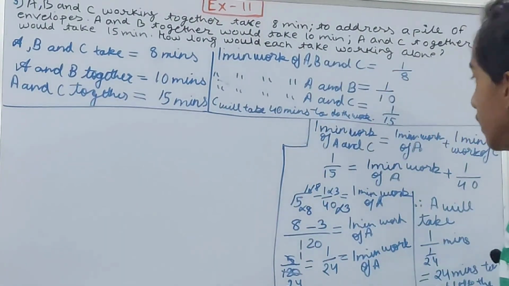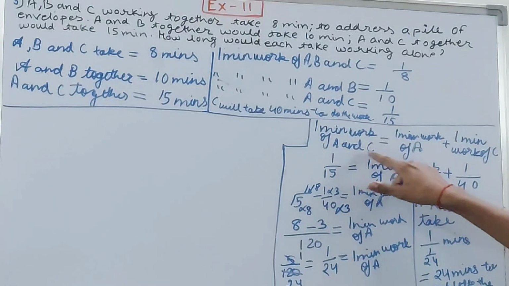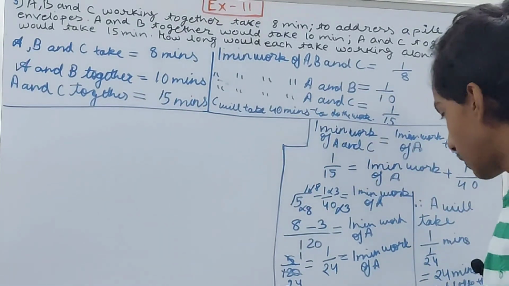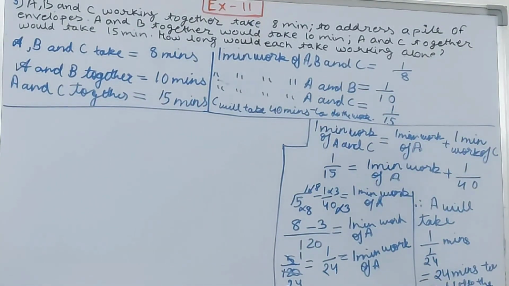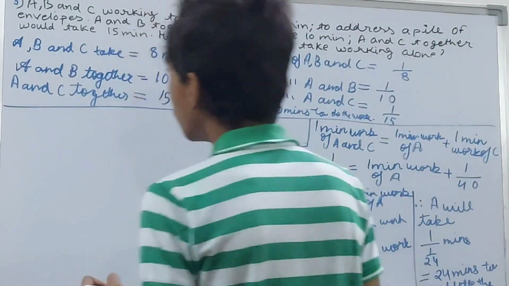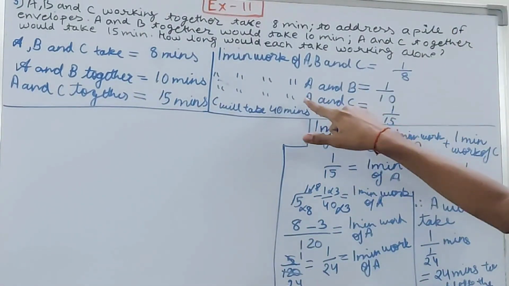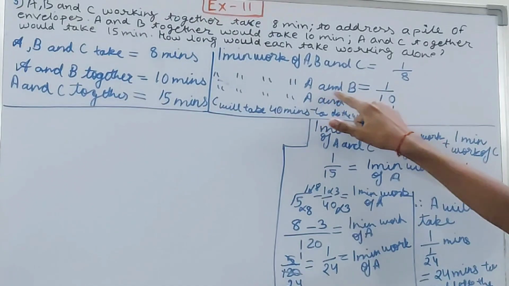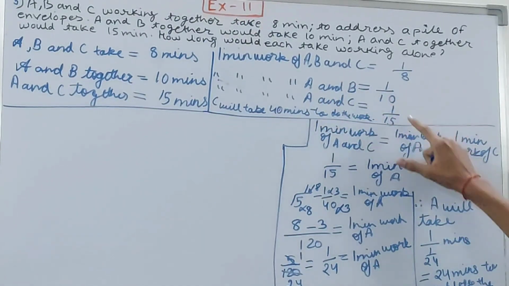Now over here you can see 1 minute work of A and C. Using this we have been able to find the 1 minute work and the time taken by A, 1 by 24 and 24 minutes respectively. Now for B, see, I know 1 minute work of A and B together, it is 1 by 10.